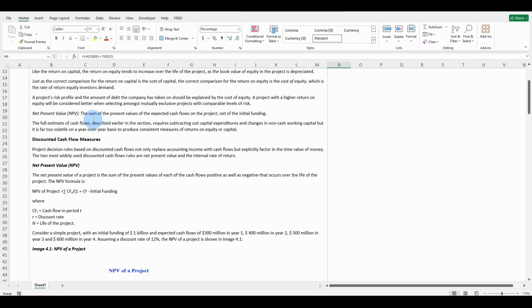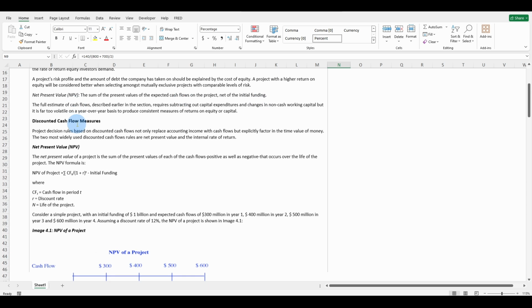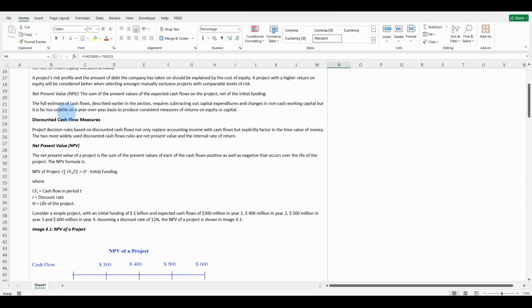Net present value: the sum of the present values of the expected cash flows on the project net of the initial funding. The full estimate of cash flows described earlier in this section requires subtracting out CapEx and changes in non-cash working capital, but it is far too volatile on a year-over-year basis to produce consistent measures of return on equity or capital.